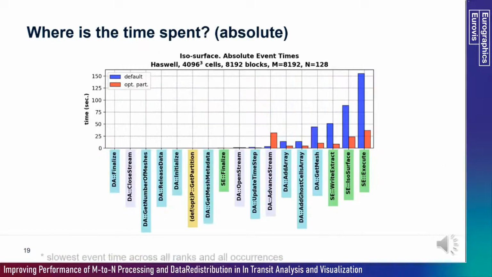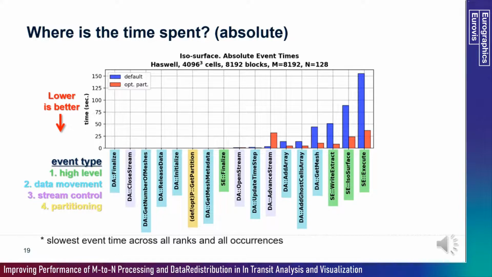So we instrumented the code with timings for a series of events that we defined, and these bar charts show the slowest event time across all events and all occurrences of an event. Again, results obtained with the optimized partitioner are red and the default blue.